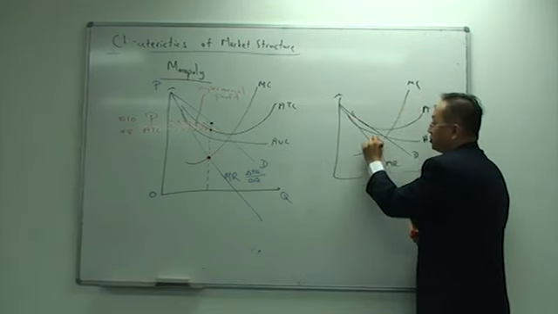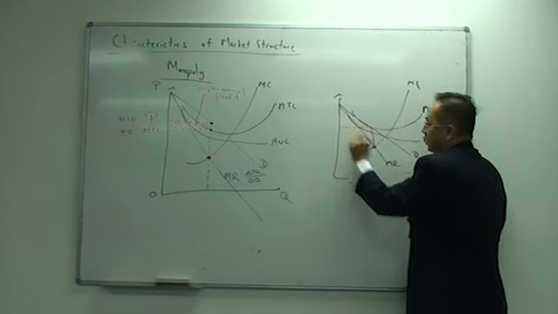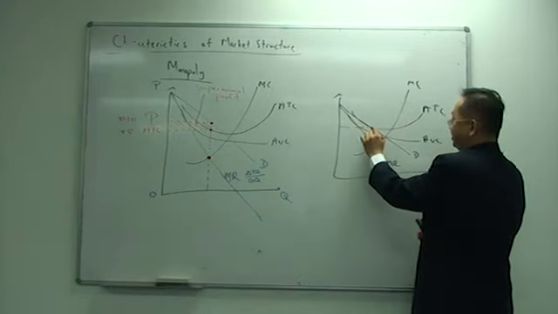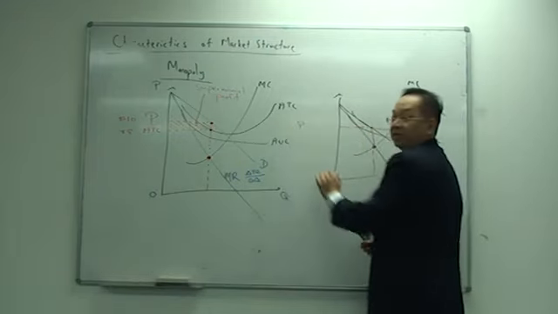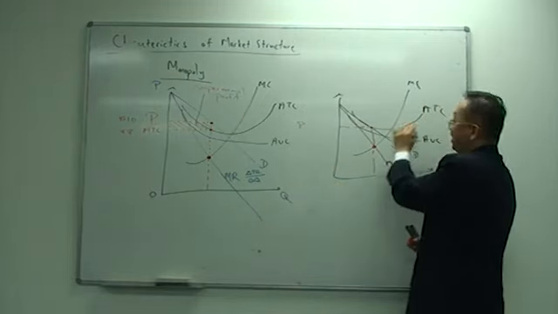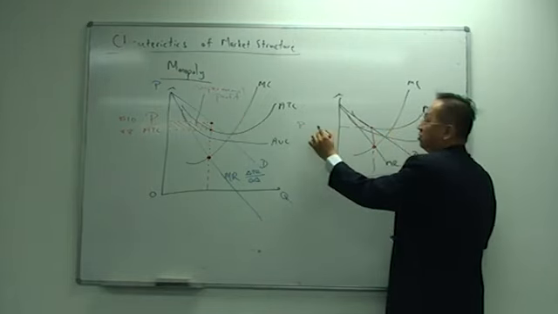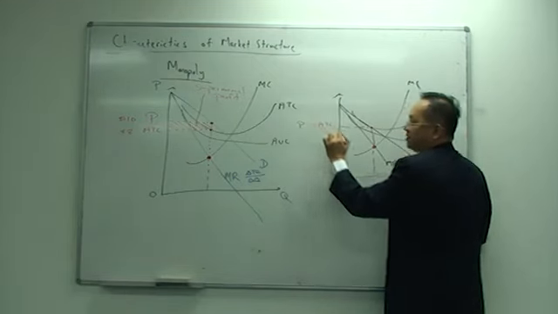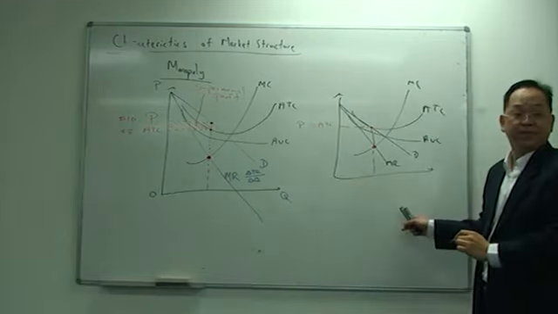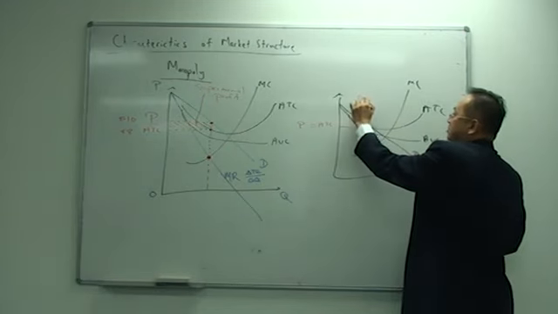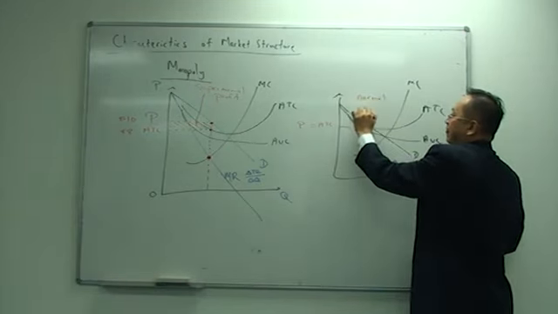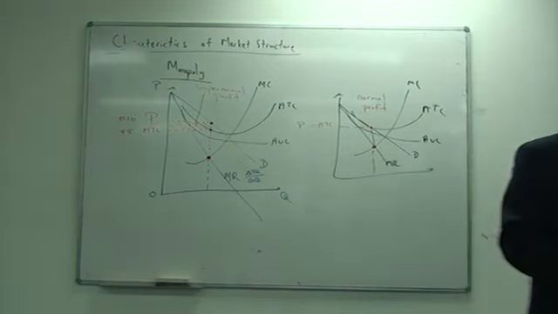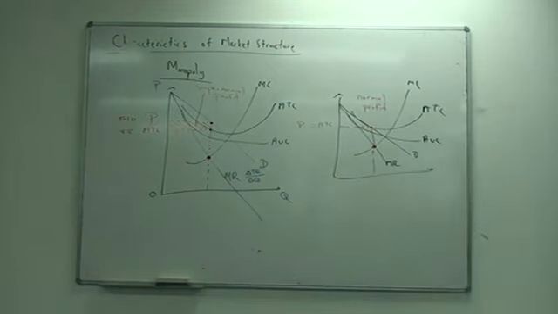We find a dot and we move up. Look at this now. The demand curve is where you get your price. And your ATC, average total cost, is your cost. So price equals ATC in this diagram. We call this normal profit, which means you're only going to earn maybe a salary, that's all.